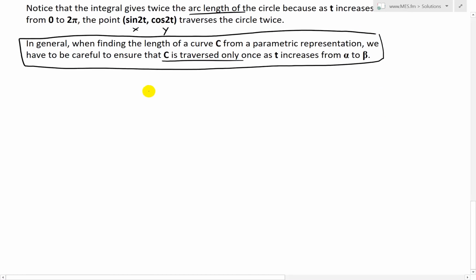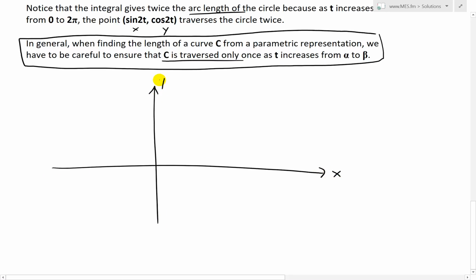For example, in this case, if you were to graph it, let's say we have a unit circle, a circle of radius 1, so r equals 1, the distance from here to here.